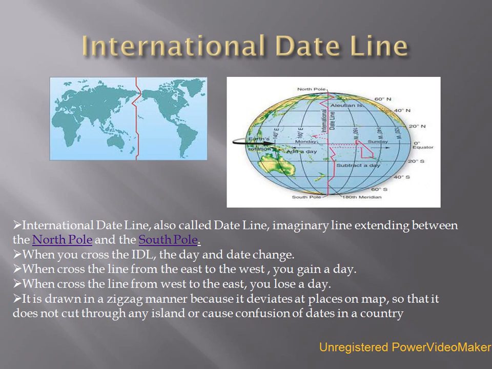This means that from the prime meridian to the 180-degree meridian, the time calculated is 12 hours. So 12 hours from the east and 12 hours from the west makes 24 hours, and we know 24 hours makes a day. So when we cross this line, we gain a day or we lose a day.